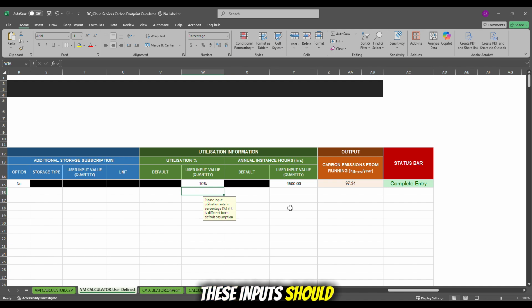These inputs should then be placed under the respective columns of the utilization information table. That's it for the VM Calculator CSP. Upon filling in the necessary data for an instance, the respective cell under the status bar column should indicate a complete entry cell. The output column should also display the emission associated with this specific VM.